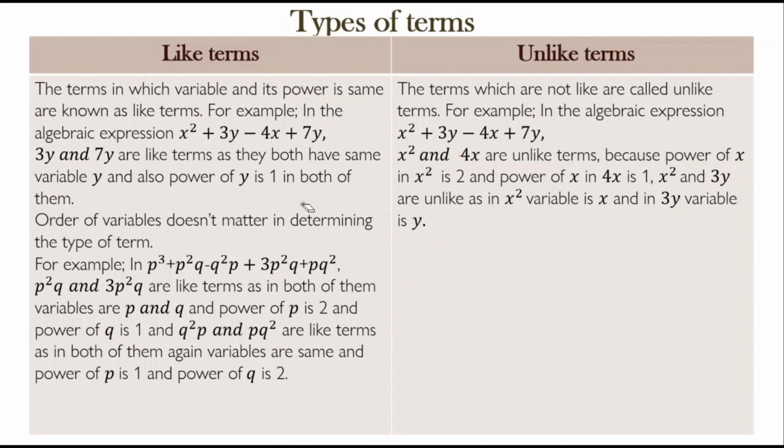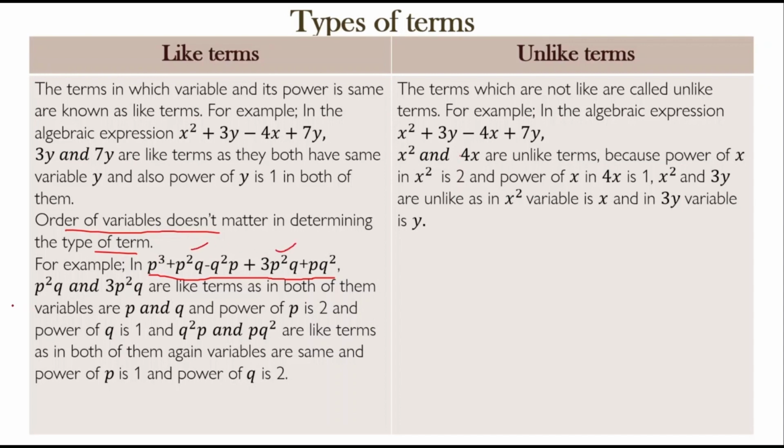Now, one more important thing that we need to remember is that the order of variables doesn't matter in determining the type of a term. What I want to convey is, for example, if we consider this algebraic expression: p cube plus p square q minus q square p plus 3p square q plus pq square. Obviously, p square q and 3p square q are like terms.